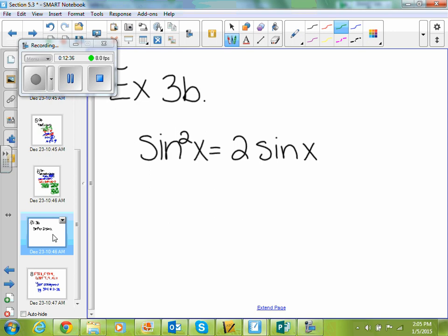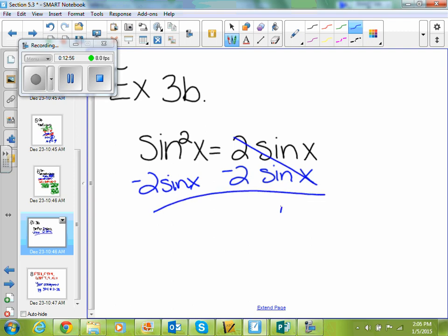So sine squared of x equals 2 sine of x. First thing I'm going to do is get everything to one side. So I'm going to move this 2 sine of x by subtracting 2 sine of x so that I have an equation equal to 0. Equations equal to 0 are the easiest to solve.